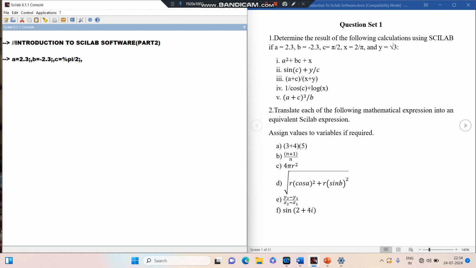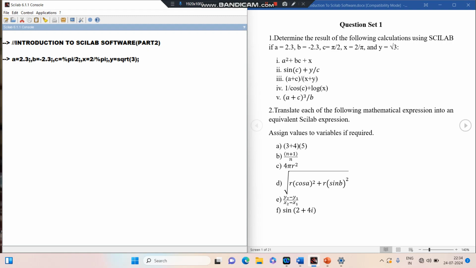Then for x which is 2 by pi we are going to type 2 divided by %pi, and the last we have y which is square root of 3. So for square root of 3 we have an inbuilt function which we are going to use, that is sqrt into bracket 3.